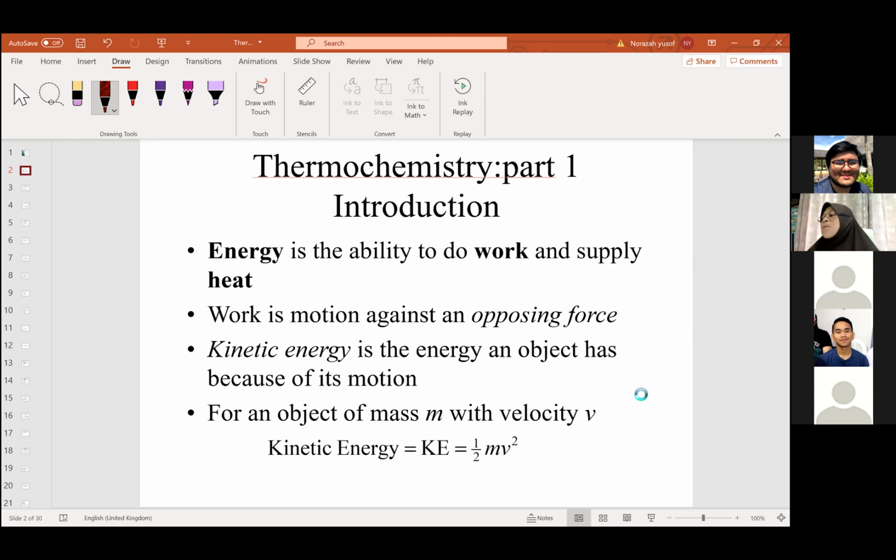Kinetic energy is the energy something has because of its motion. I'm sure you are very familiar with the kinetic energy formula here, which is not really important to discuss at this moment, just to show you the relation between mass and velocity.